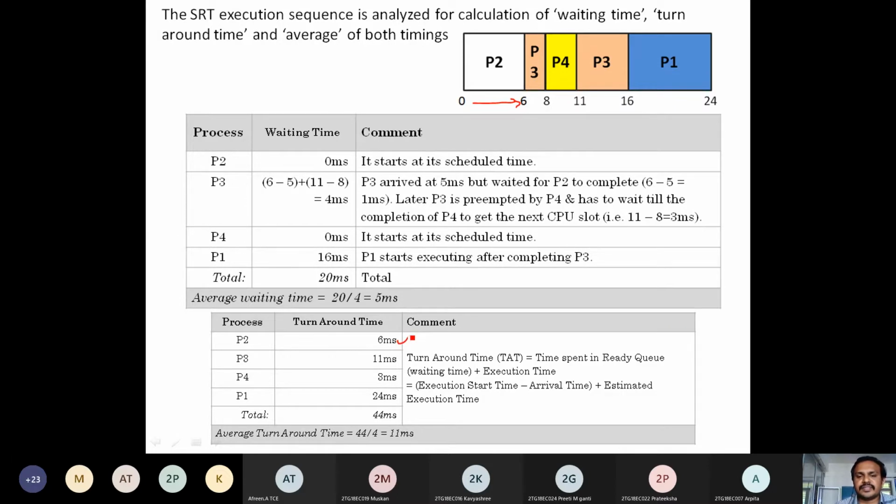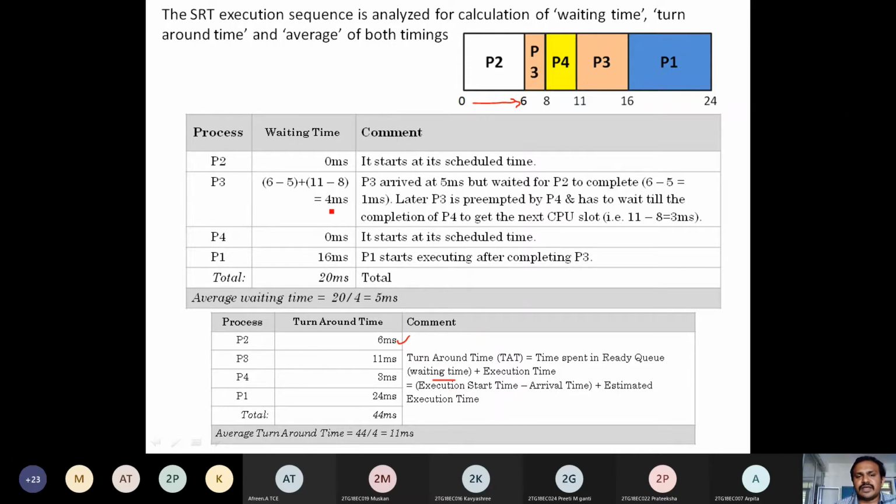What about P3? P3 got 2 time slots. So we can judge how much time it has taken by considering the two values: the waiting time plus execution time. What is the waiting time for this one?